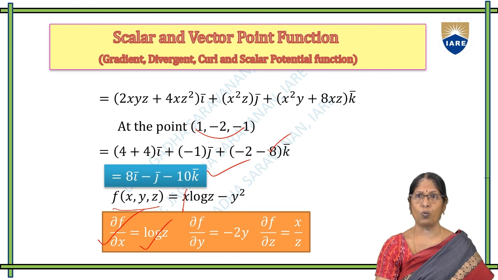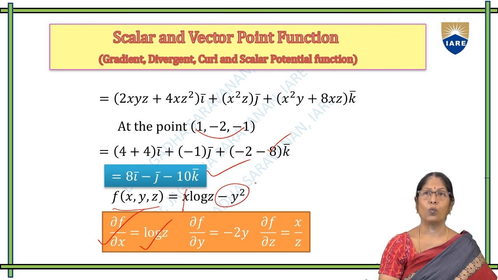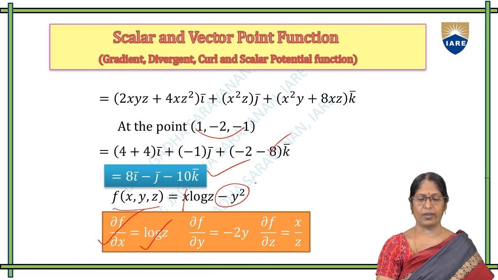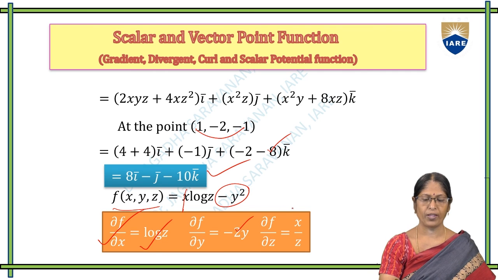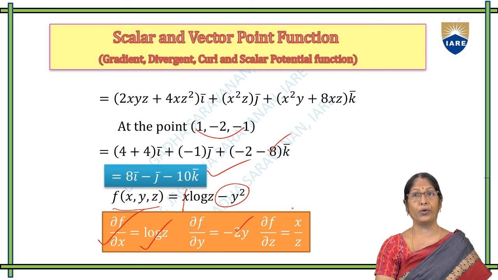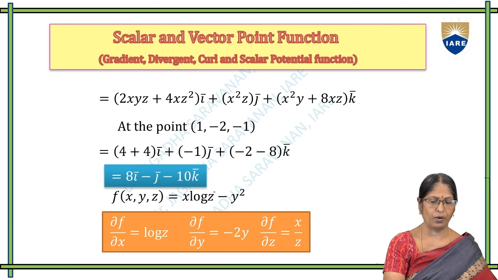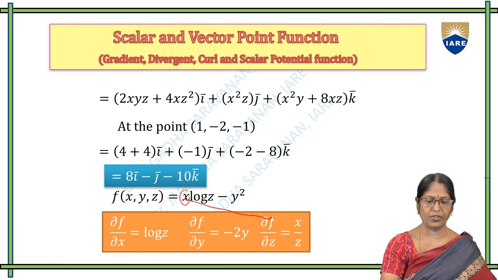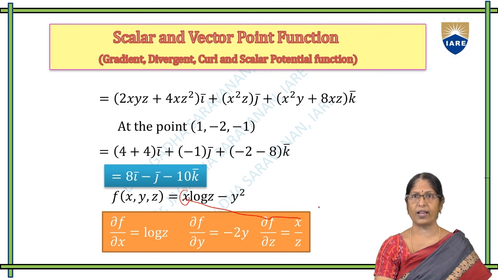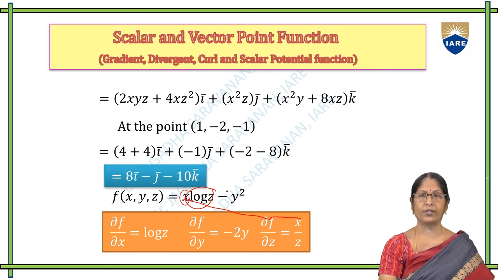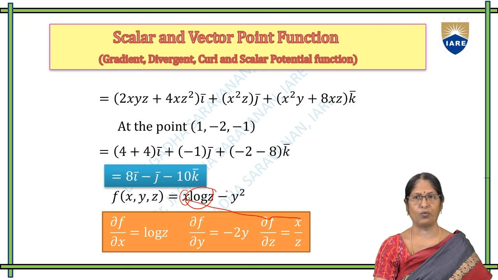Dou f by dou y, that is y square, that is 2y, with the negative sign already there, so minus 2y. The final one is dou f by dou z. Here you can notice x is treated as a constant, which is written as it is, log z. Derivative of log z is nothing but 1 by z.